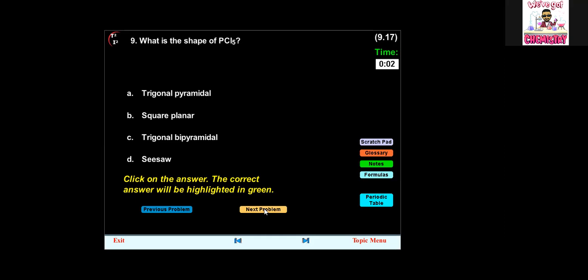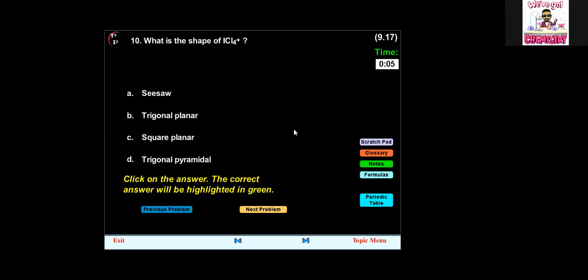What is the shape of PCl5? And what is the shape of ICl4 plus? So make sure you pause the video and answer those questions to check mastery of the contents.